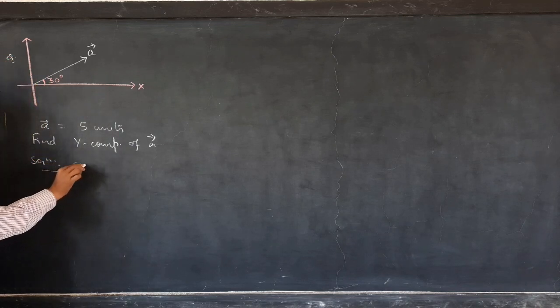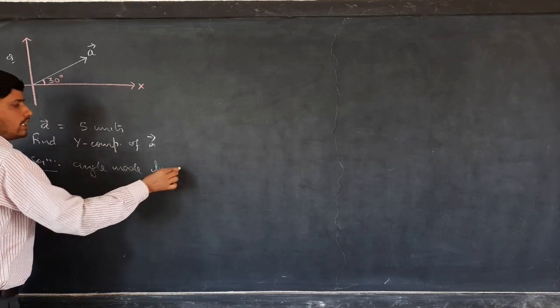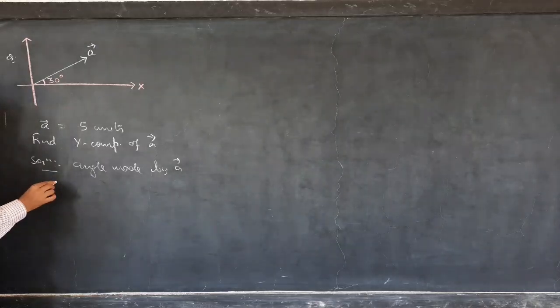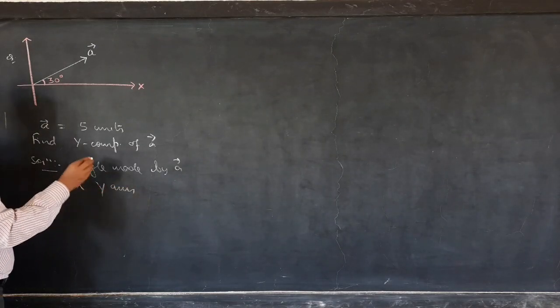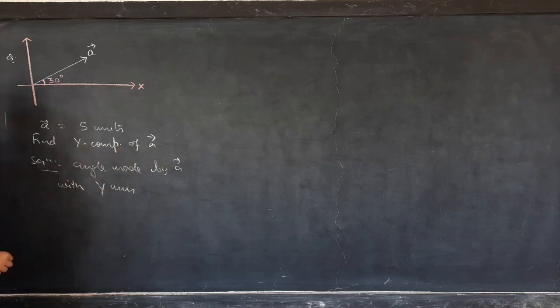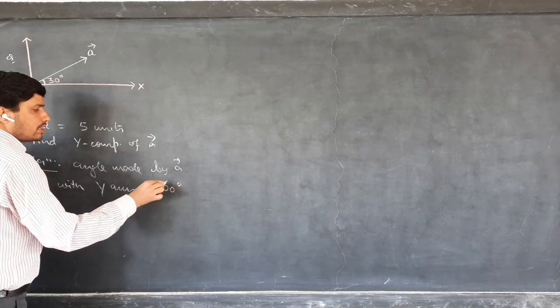So angle made by a vector with y-axis. Now why do we choose y-axis? Because we have to find y component of that vector. It is how much? 90 minus 30°, that is 60°.